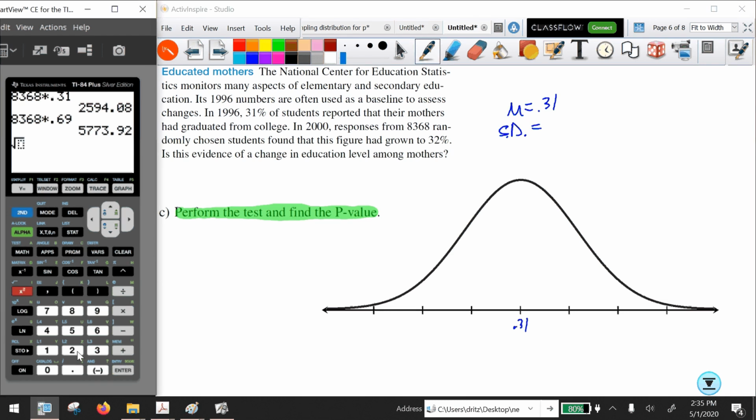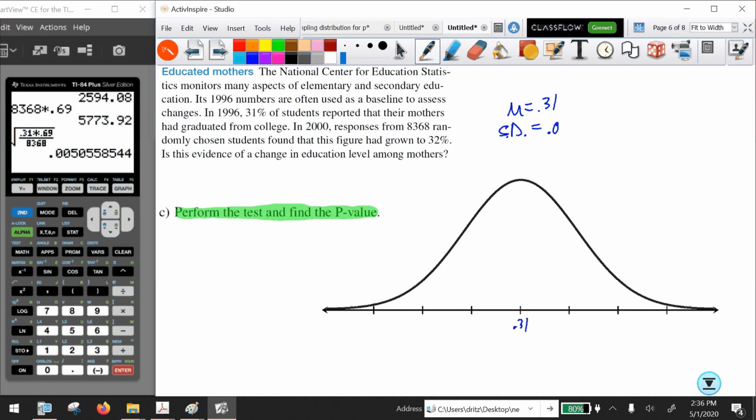Square root of PQ, P was 31, Q was 69, and we use our sample size of 8,368. I get 0.0051 if I round it to 4 decimal places. 0.0051. So we're going to build a normal model based off of our null hypothesis.